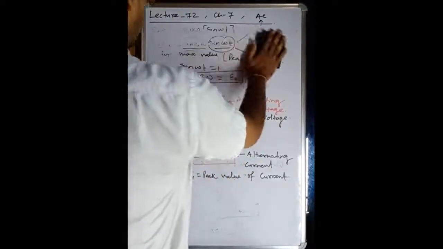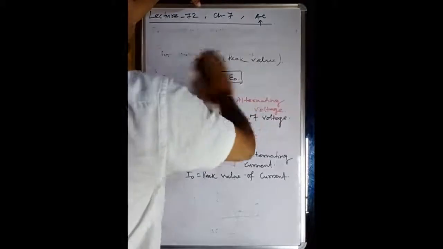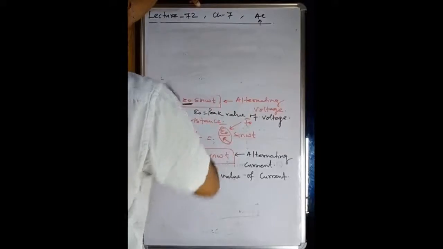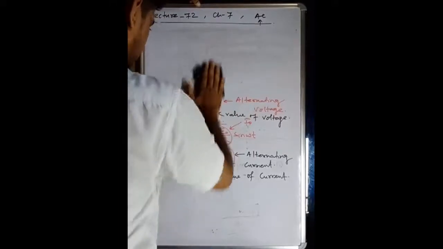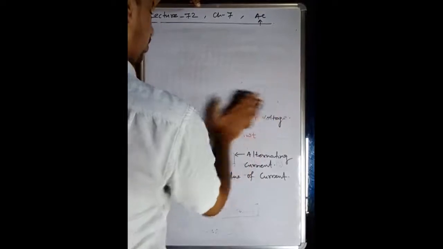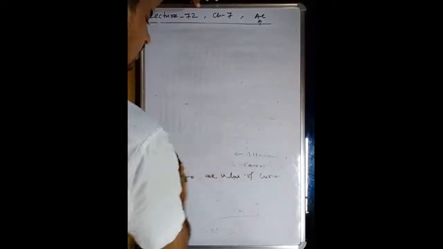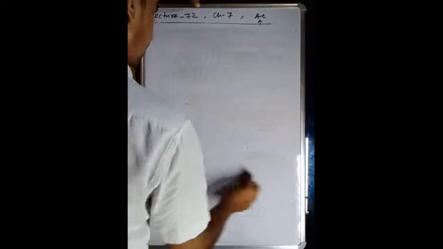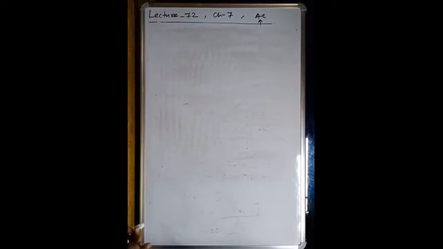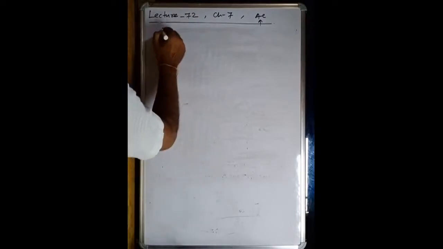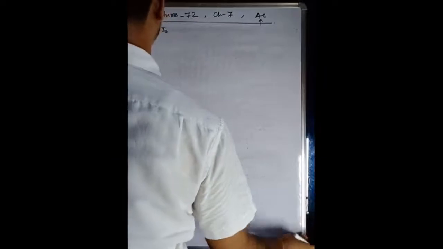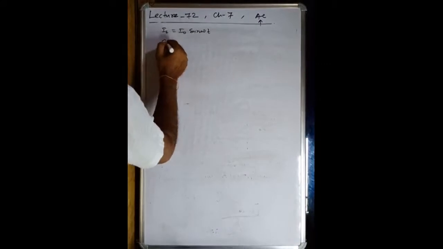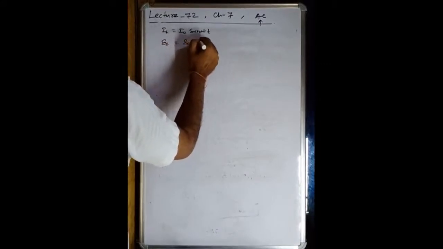So I hope you can understand the graph of this quantity. The equations I naught sine omega t and E naught sine omega t will give you the graph. I(t) was I naught sine omega t, and E(t) was E naught sine omega t.